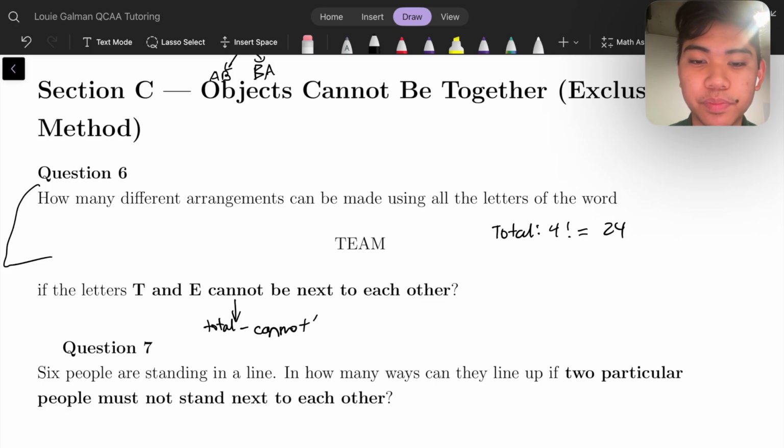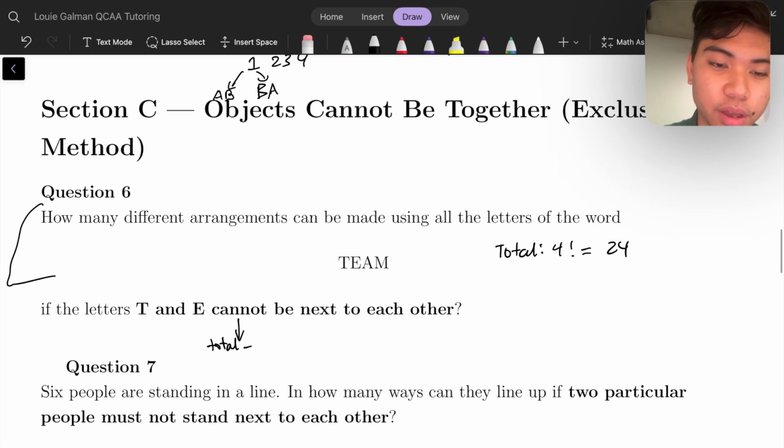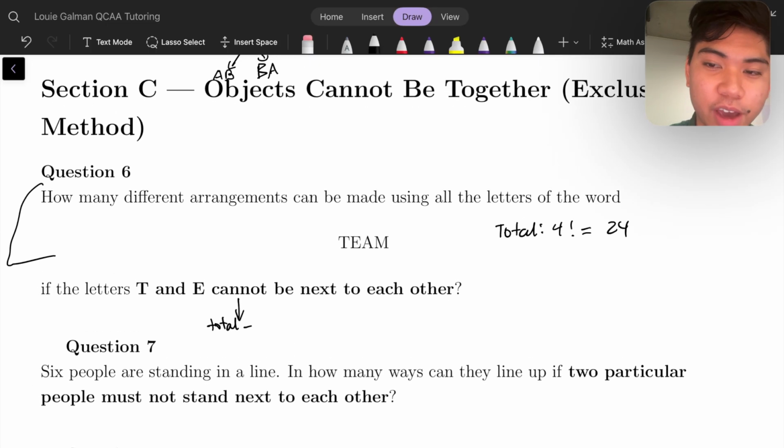So cannot dash is actually the opposite of cannot. So basically what I'm saying is, in simple layman terms, we have the total number of arrangements if we were just to do team, minus the arrangements where T and E have to be next to each other.